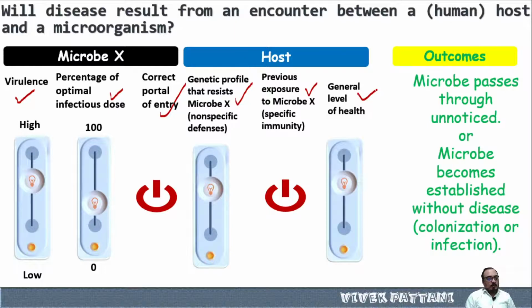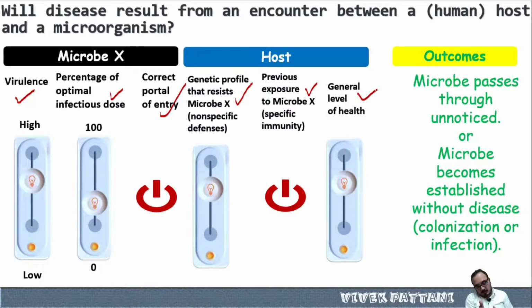Correct portal of entry? No, it will not enter at a proper point. Genetic profile? Yes, it is going to resist the disease. Is there any previous exposure? No, there was no previous exposure, but in this case again the pathogen will not be able to cause disease.